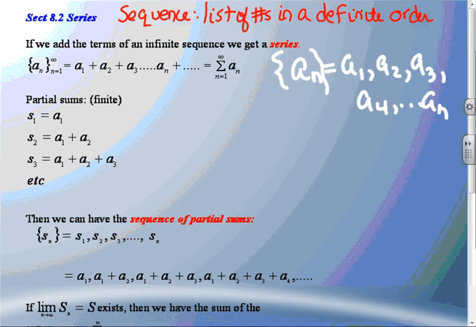So if I add up all the terms in my sequence, I would just put a plus sign between all the terms. So it's A1 plus A2 plus A3 plus AN, and then it continues to go on. Now, we need to know about sigma. So we're going to be doing a lot of stuff with sigma.